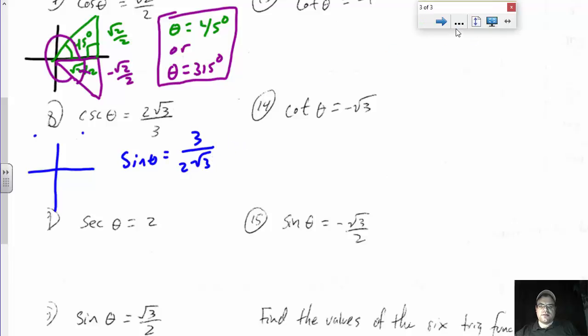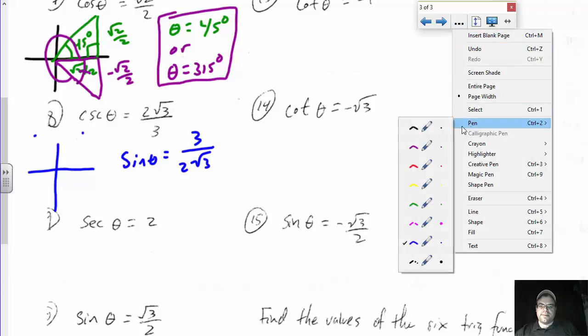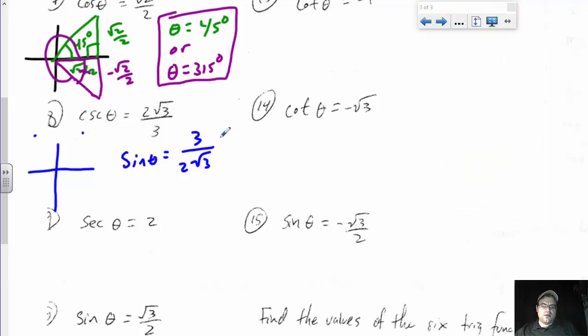I don't like that root 3 there, so I'm going to multiply root 3 top and bottom. This will give me 3 times root 3. And when I multiply root 3 times root 3, it gives me 3. So this is going to be 2 times 3, because this times this is actually the same thing as 3. I notice that these cancel. This gives me root 3 over 2. So the sine will be root 3 over 2, and the sine is a y value.